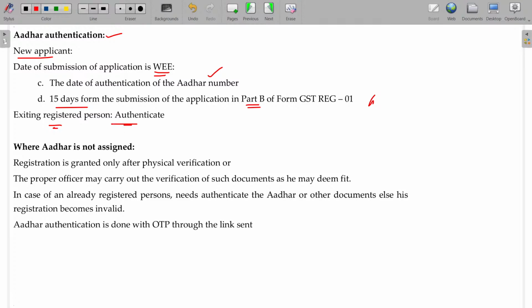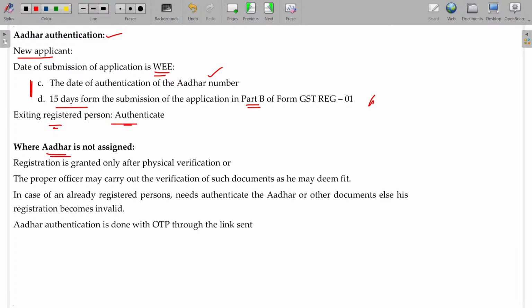If you are a fresh applicant, the Aadhaar authentication is a must. But if you are already registered without Aadhaar, now you have to give the Aadhaar. While introducing GST registration, Aadhaar was not questioned. Thereafter, they started asking you to link the Aadhaar also. If you are going to be a new registration, then on day one itself you have to give the Aadhaar also.